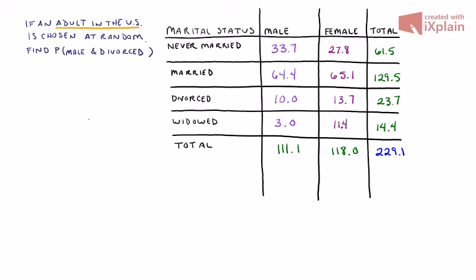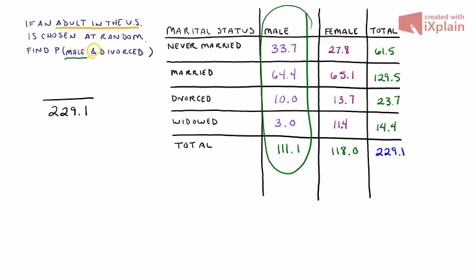So again, our total pool that we're going to go to will be the 229.1 million people in the United States. So from here, we can now go ahead and break into talking about everyone that I'm going to talk to, so the full 229.1 million people, I want to only look at the male group, and that's where my joint probability comes in, the fact that I'm using an and, so that's a key word.